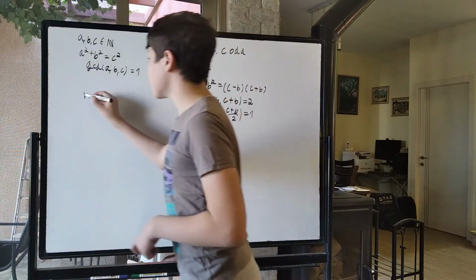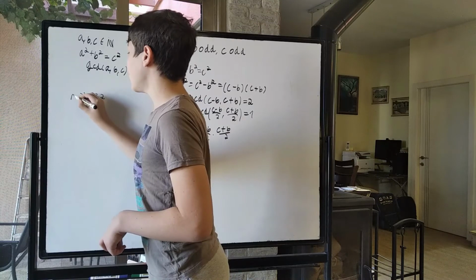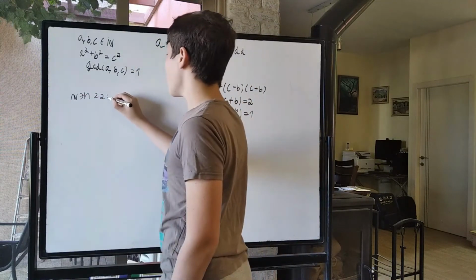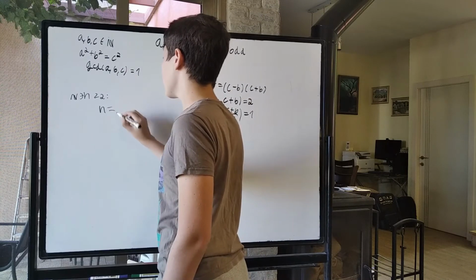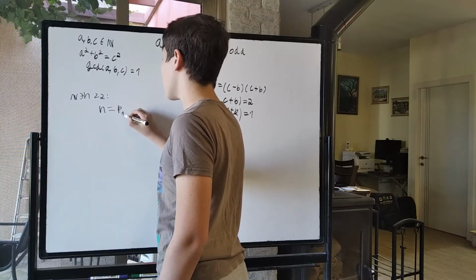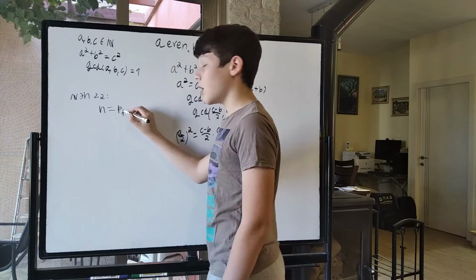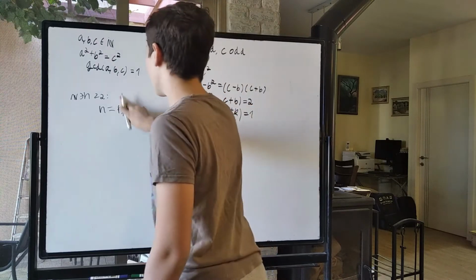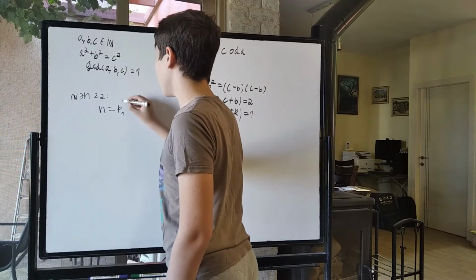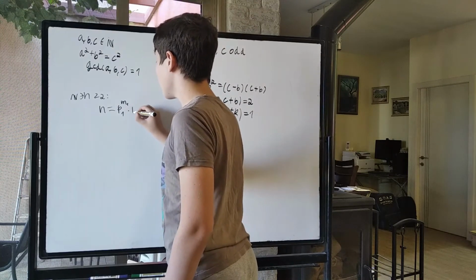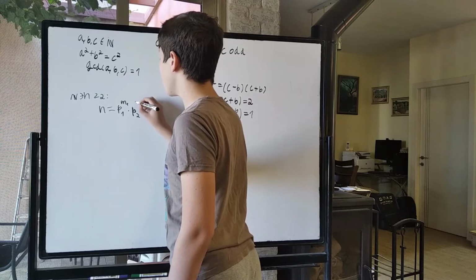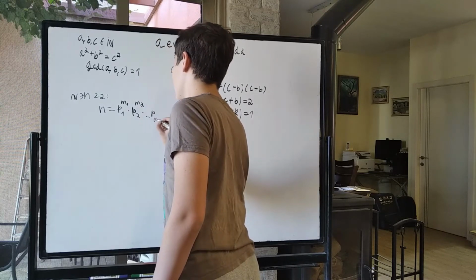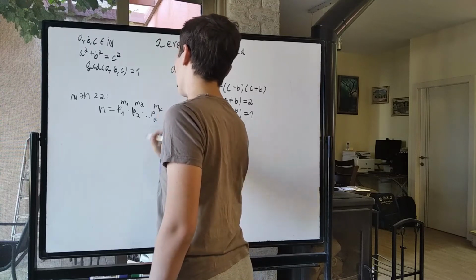So if n is a natural number, n at least 2, we know that n can be represented as a product of powers of primes. So we have p1 to the m1 times p2 to the m2, and so on until pk to the mk.